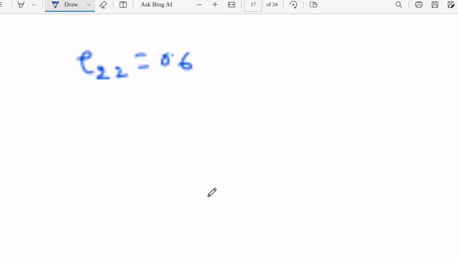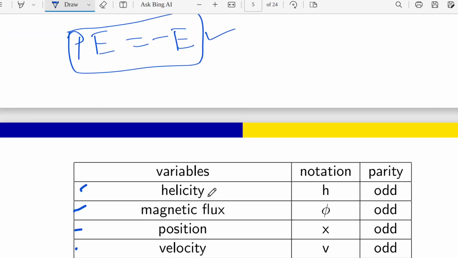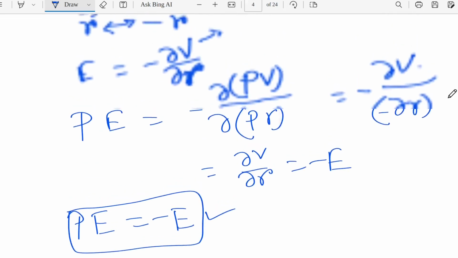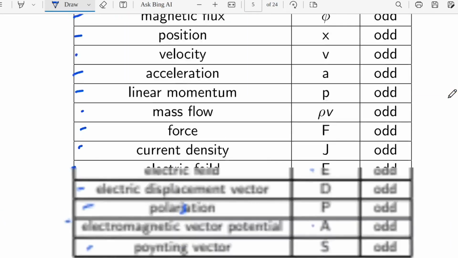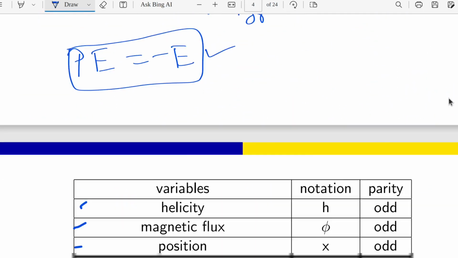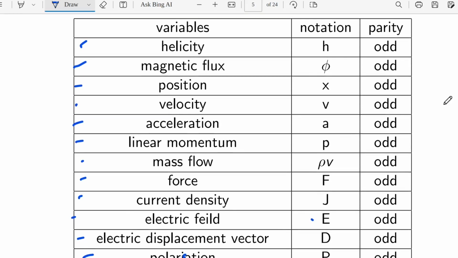Okay, I have given you one table so that you can see from that also. I will tell you about pseudoscalar, but first let me show you this one. Yeah, this is the first one. So there, this is odd under parity. All the things are odd under parity, right?